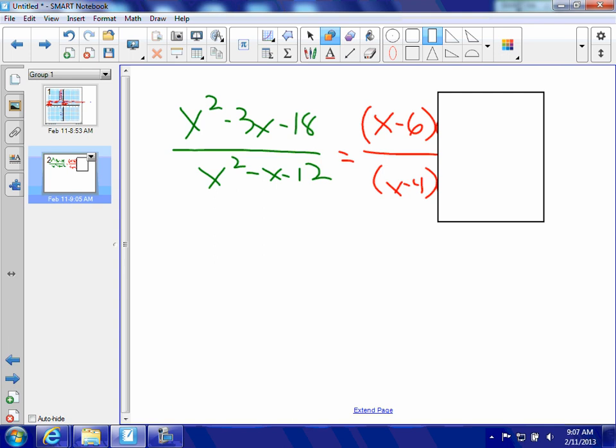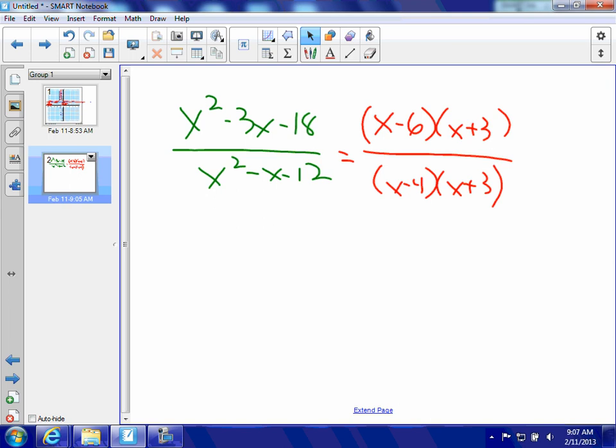This will be my function in lowest terms, but my function is the entire thing. So if my function is the entire thing, then for my domain, I can't have 0 as a denominator. So I can't have x equal to 4, and I can't have x equal to negative 3. So my domain has got to be restricted from both of those. Make sense? Okay, good.